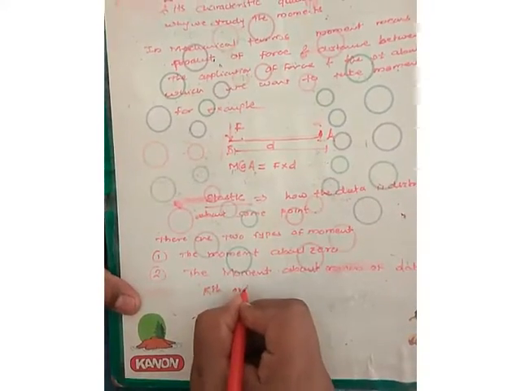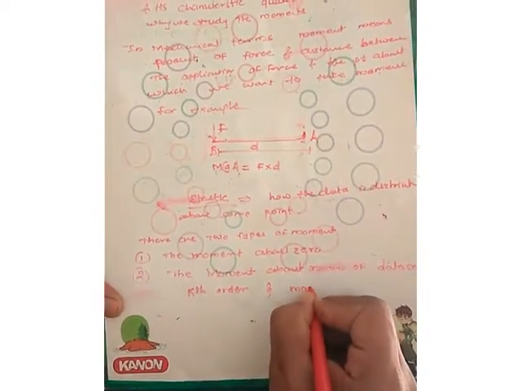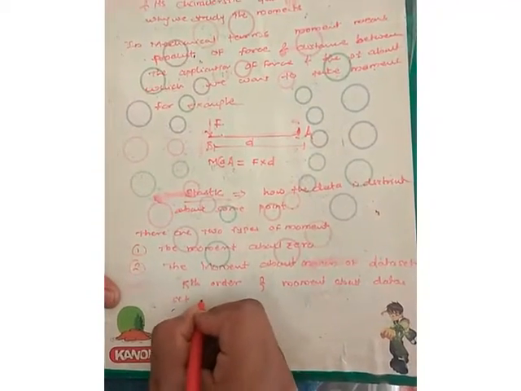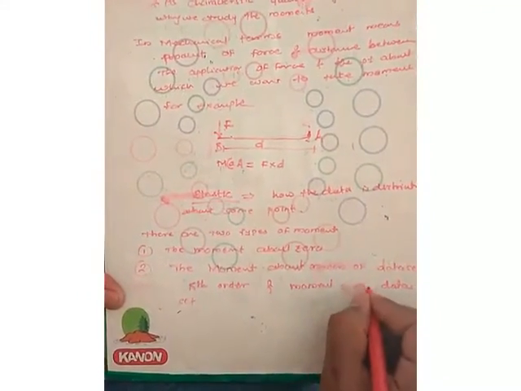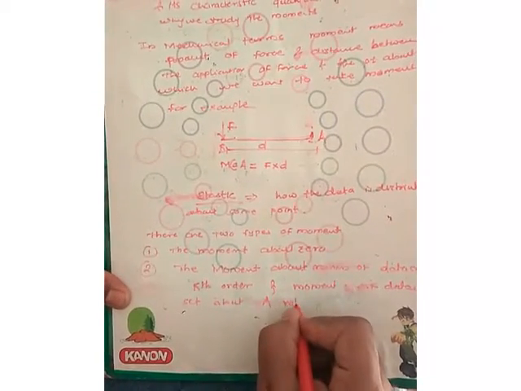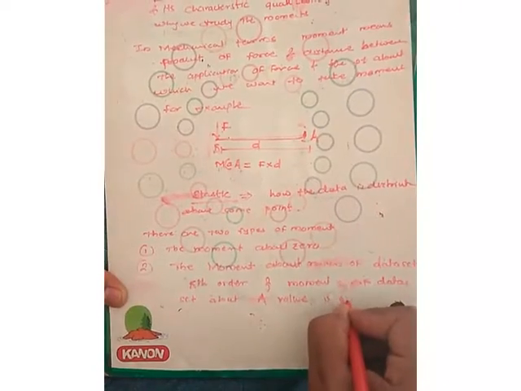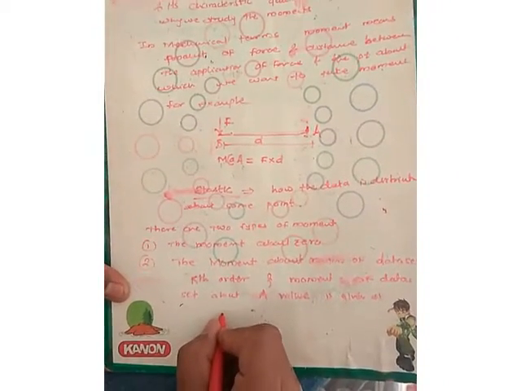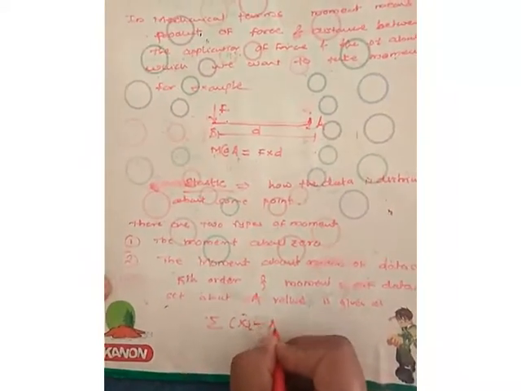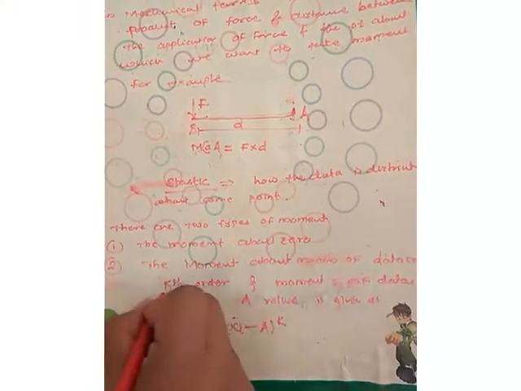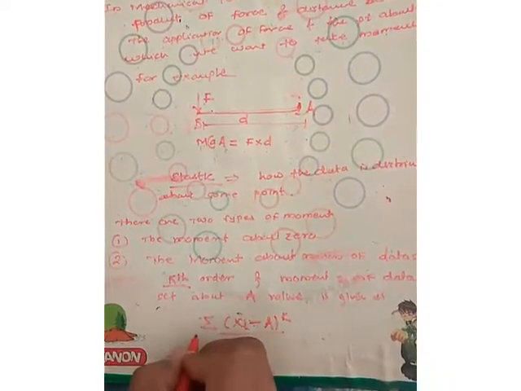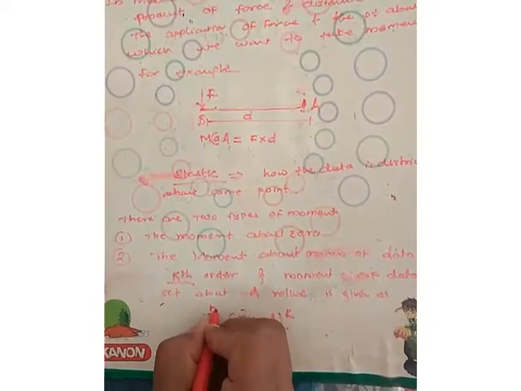The kth order moment of a data set about a value a is given mathematically as the summation of (xi minus a) raised to the power k, divided by n, where i is from 1 to n and n is the number of observations.